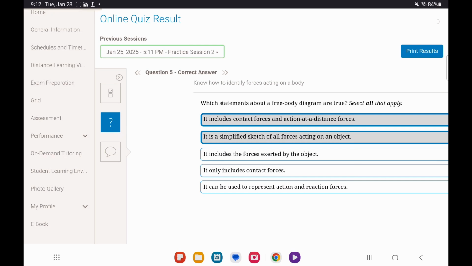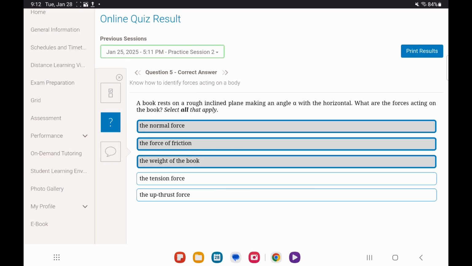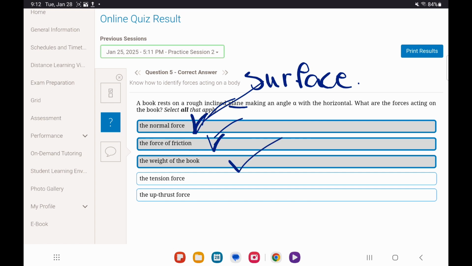That's 4. 5. The book rests on an inclined plane. Plane, surface, like I said again. Whenever we see surface, we have friction. Tick, please. Friction and normal, and then we have weight, that's kind of always there too.